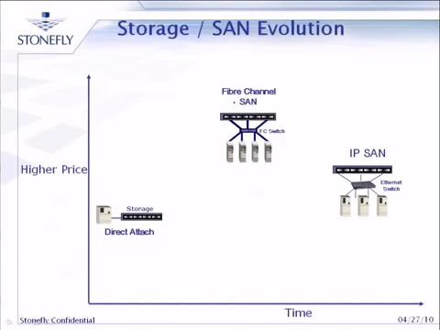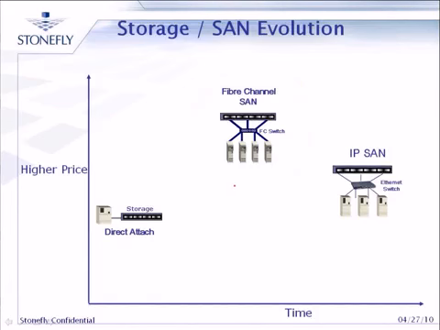Looking at the storage evolution, if you go back in time, storage environments started with direct attached storage, DAS. Basically you had an individual external storage connected to your server, and that did the job. Then the Fibre Channel SAN, or the idea of a SAN, the storage area network, started.